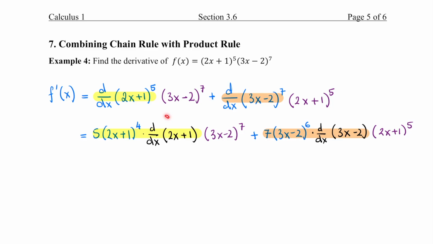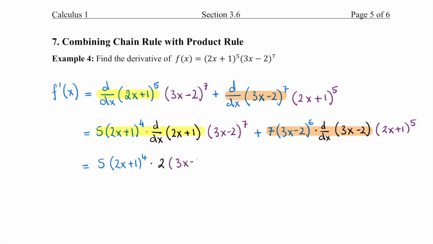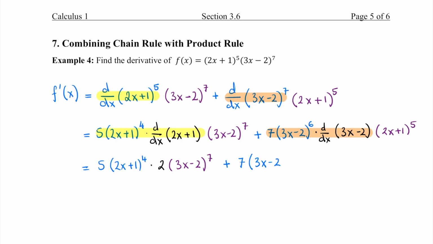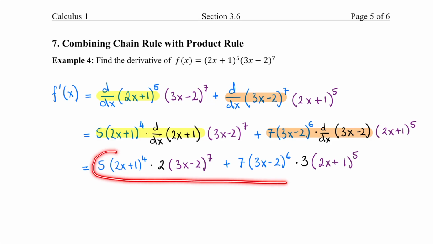Now, I need to take the derivative of 2x plus 1, which is 2. Then I need to take the derivative of 3x minus 2, which is 3. Now, I have done taking the derivatives.